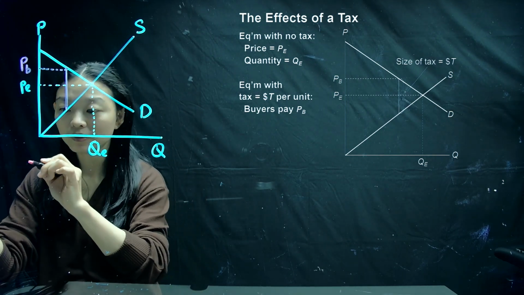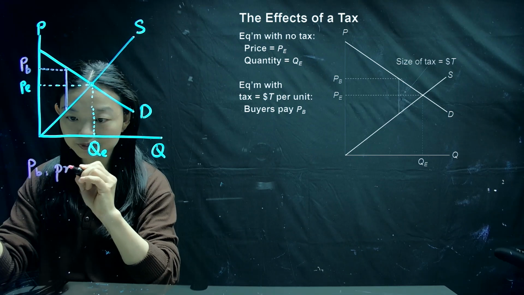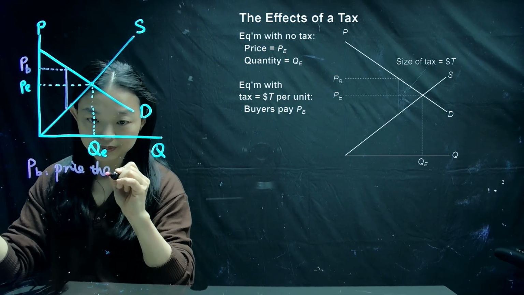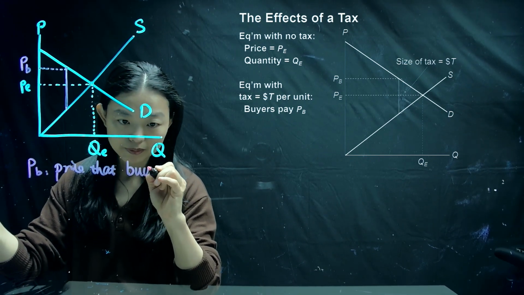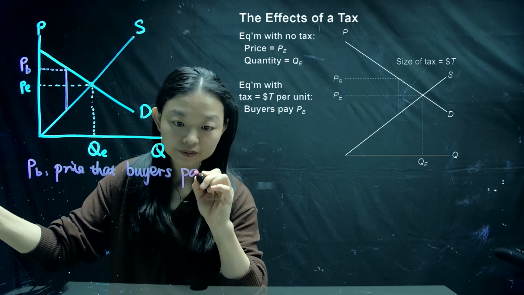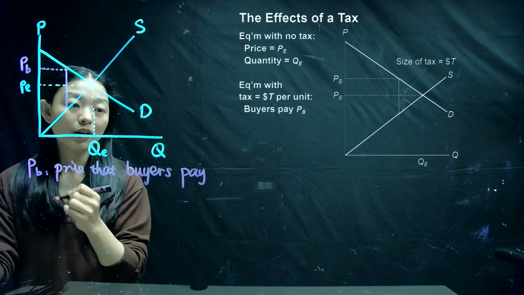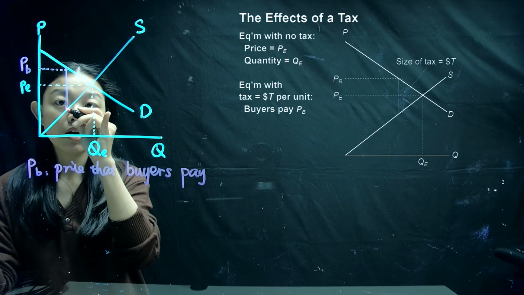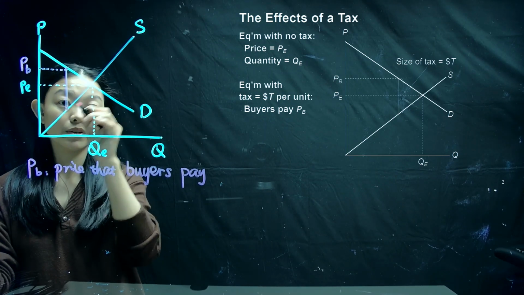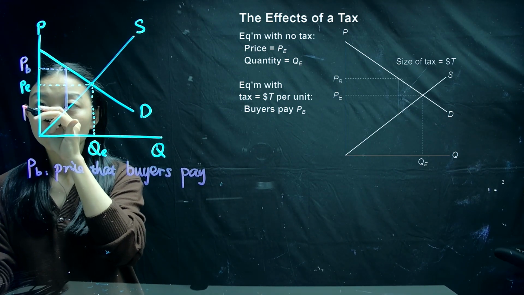So PB is the price that buyers pay after imposing the tax. And then find another point on the supply curve, and you can get the corresponding price.